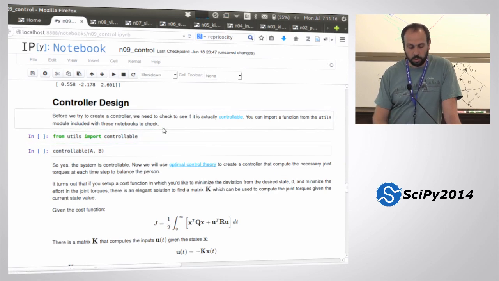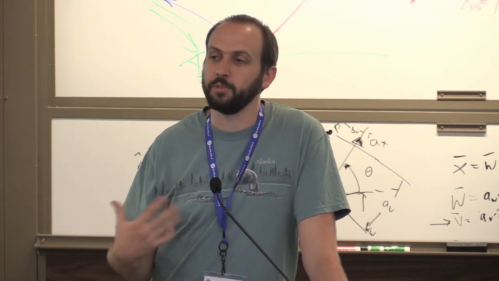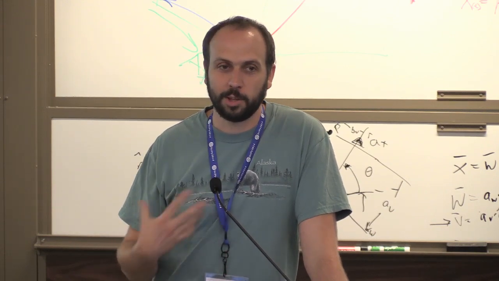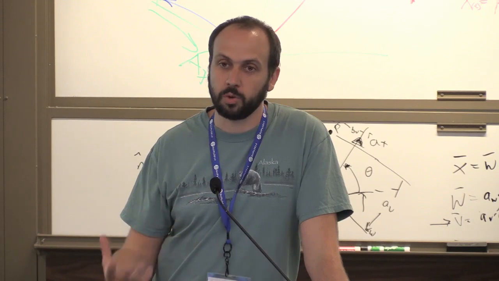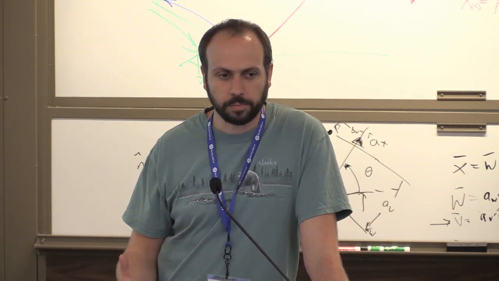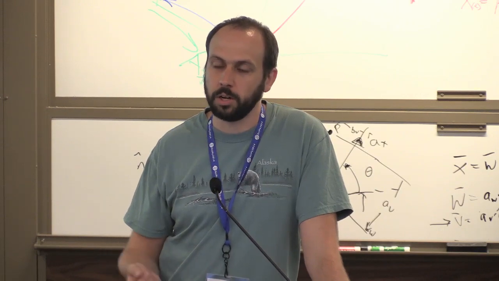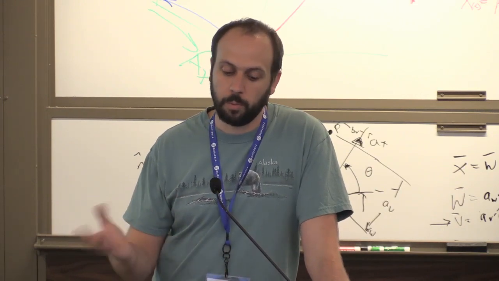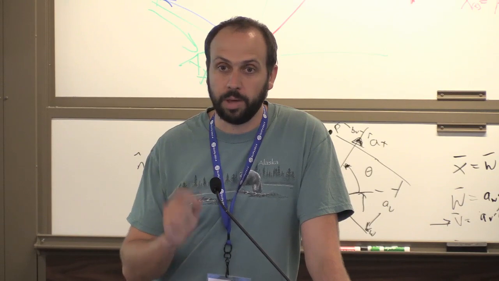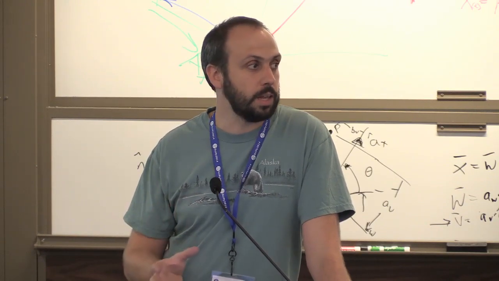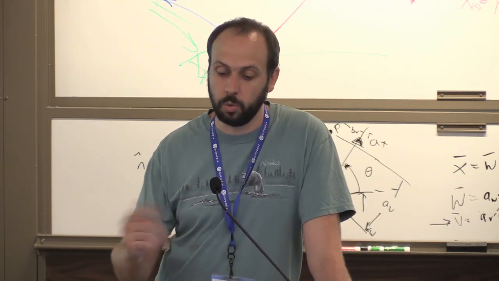So, in general, control design sometimes or often takes a lot of magic from the user to get the right numbers to make a controller work. If you've heard of PID controllers, proportional integral derivative, people have come up with umpteen different methods to try to pick the numerical values in a PID controller that will make things do what you want.